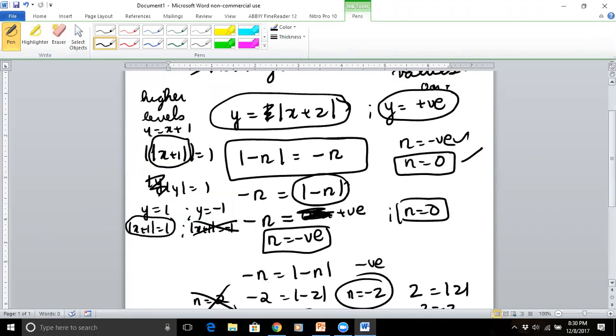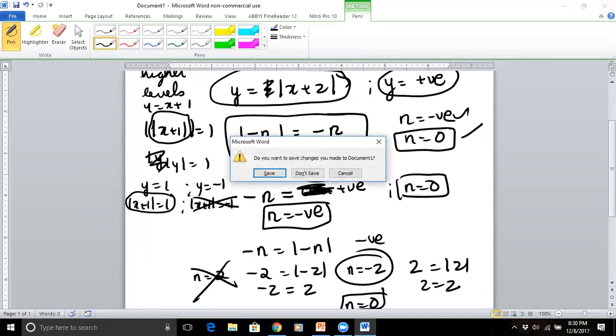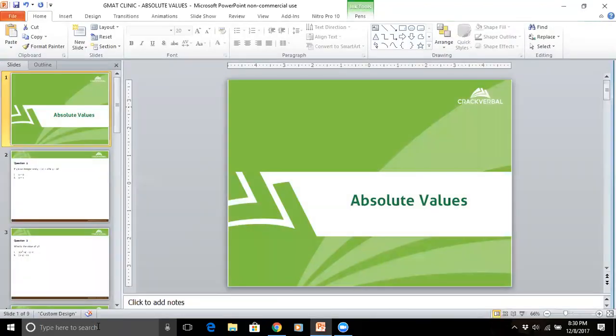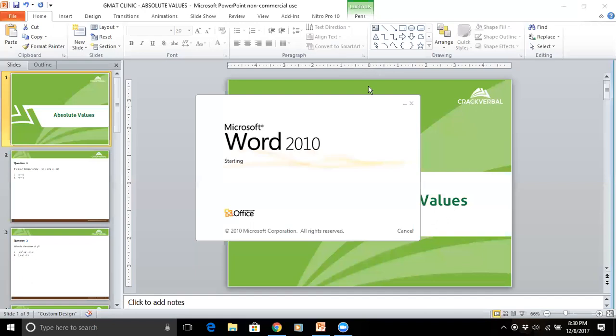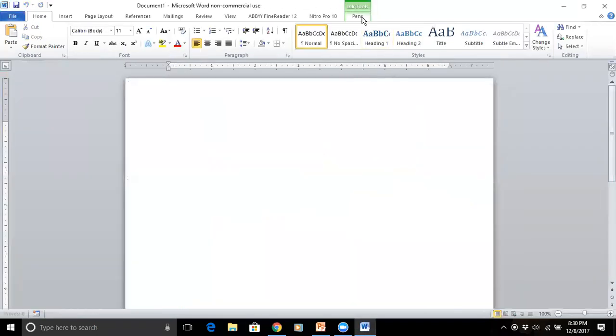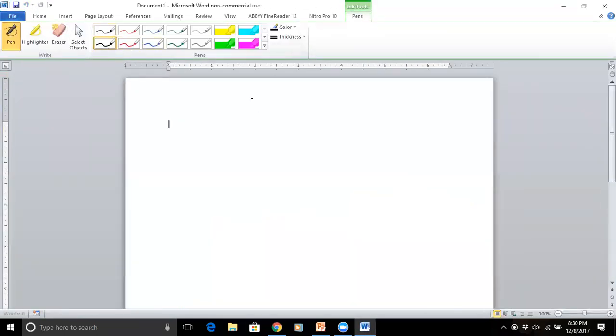If I give you mod of x plus mod of y is equal to 1, there are two ways you can work this out. One is to analyze, the other one is to plug in.